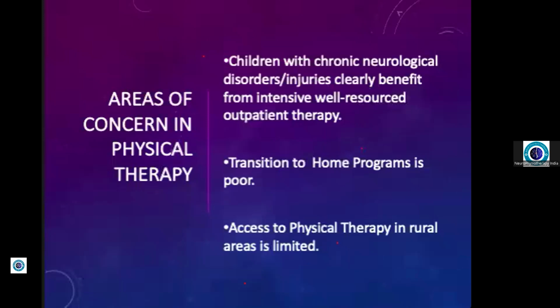For example, the COVID pandemic limited the amount of therapy services that could be provided for our patients. Children with neurological disorders clearly can benefit from intensive day-to-day regular therapy sessions, but it's not always possible for us to reach out to them or for them to reach out to us. So the transition to home program became very evident during the COVID pandemic.